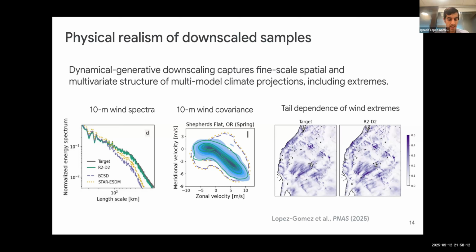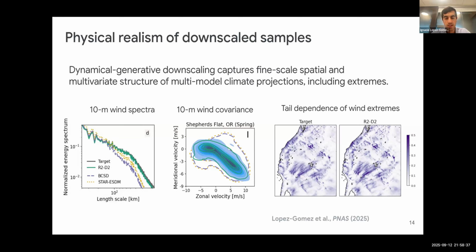We also looked at the covariation or correlation between different climate fields, and so here on the middle panel of the slide, I'm showing the covariance structure between zonal and meridional winds at the Shepherds Flat wind farm in Oregon, which is one of the largest wind farms in the United States.